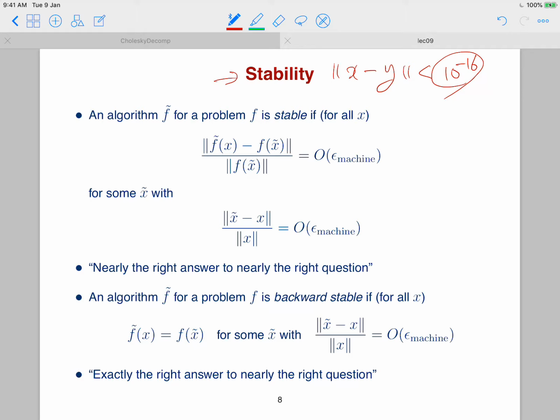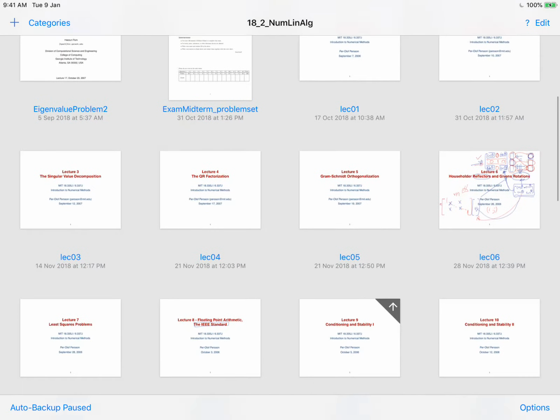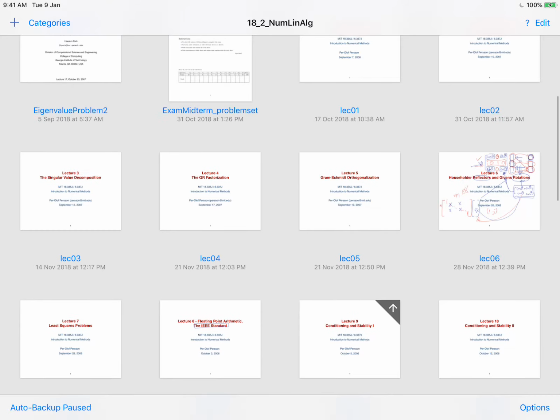This number is the smallest number that the machine can differentiate; if the difference between two numbers is smaller than this, then our machines cannot differentiate those two different numbers. And where is this number coming from? It comes from the floating point number representation.